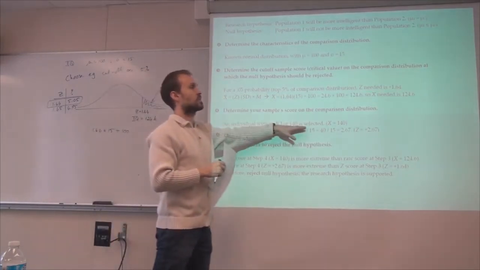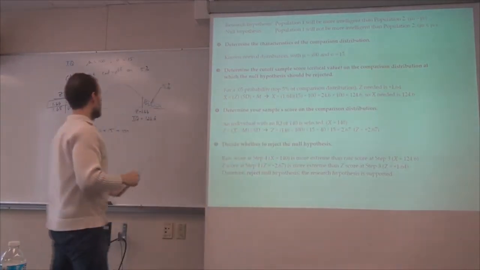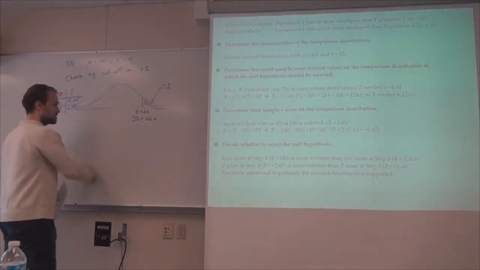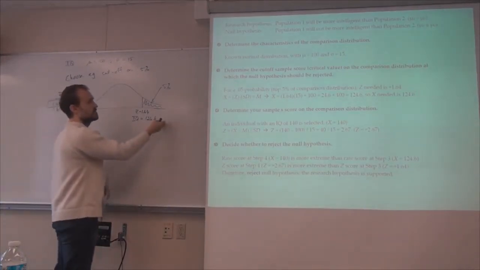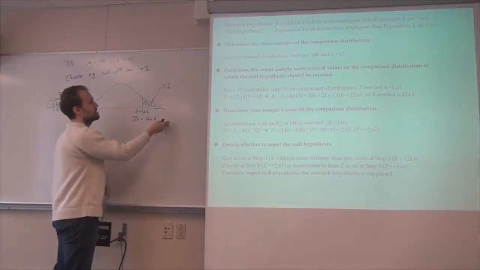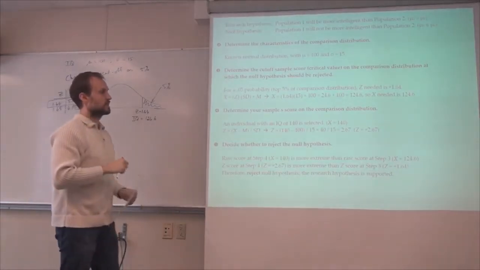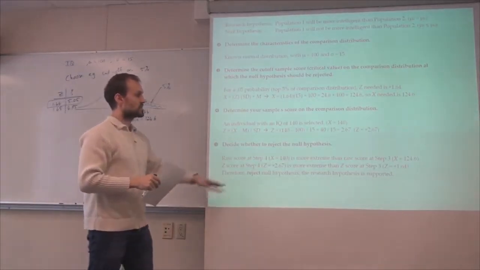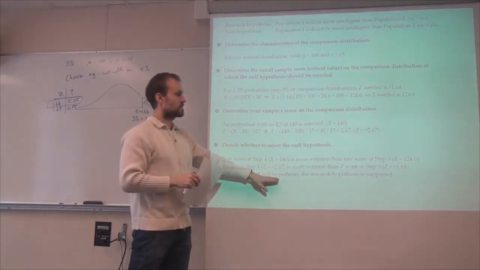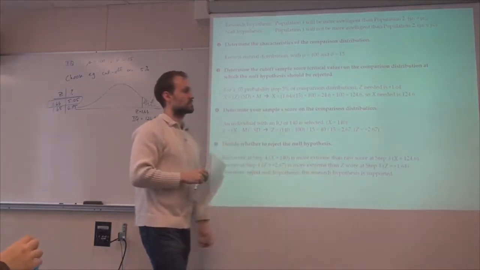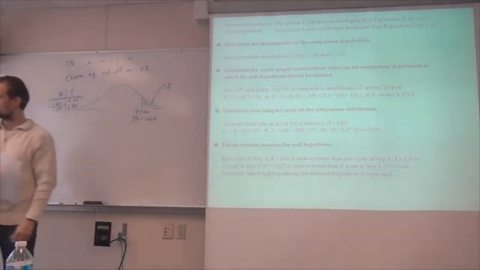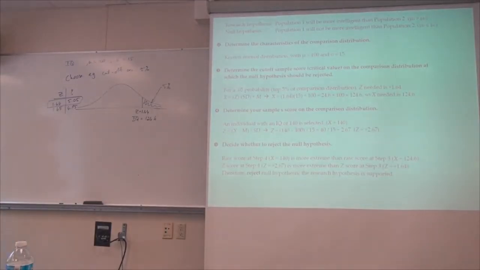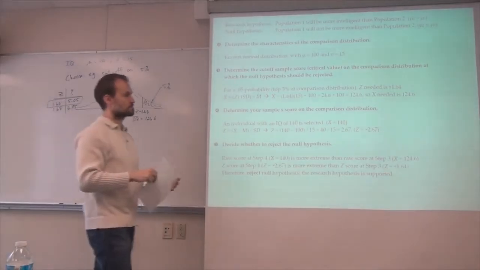For example, she picks a 140. Then you can say, well, 140 is above. If it falls above, then there is evidence to reject the null hypothesis, and it supports the research hypothesis. I can't say I accept the research hypothesis, even though sometimes books say that.